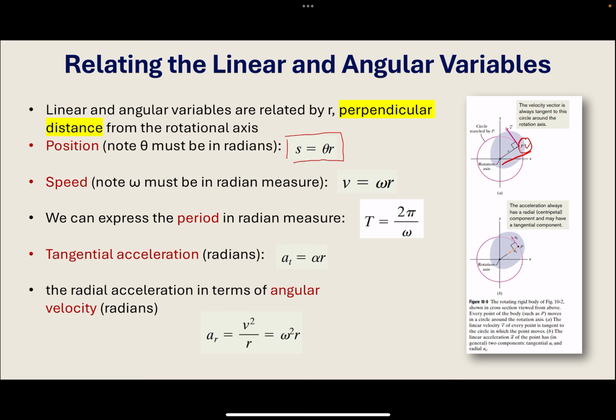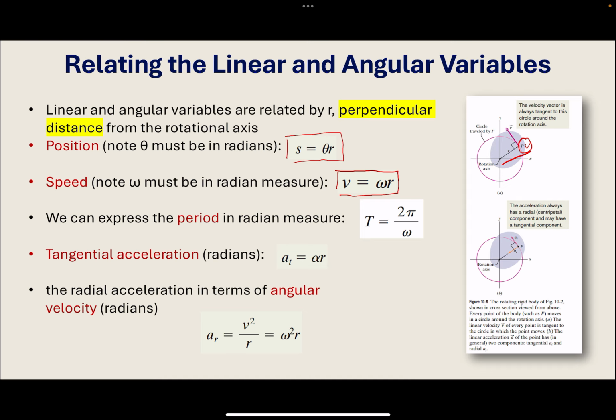The second one is speed. The connection between linear and angular speed is v equals omega r. Every point on a rigid body has the same angular velocity, but different linear velocities depending on their distance from the axis.